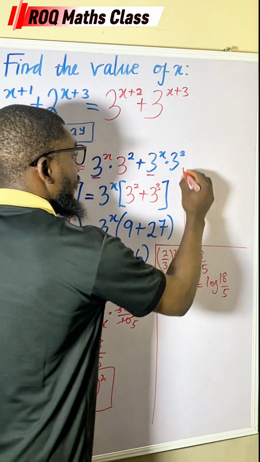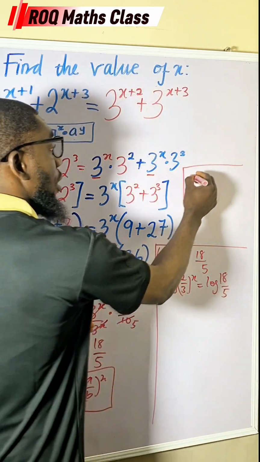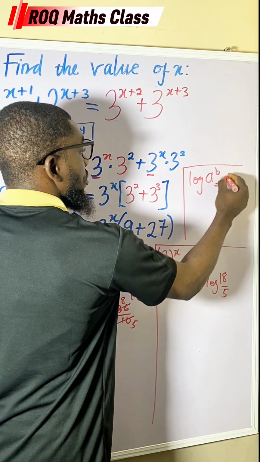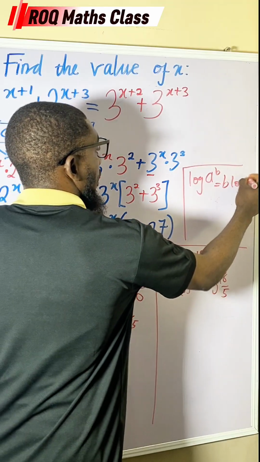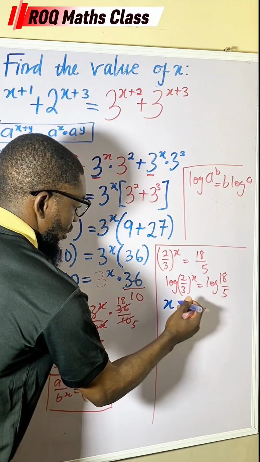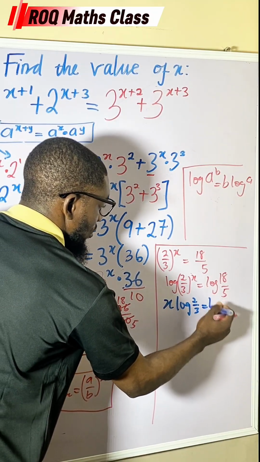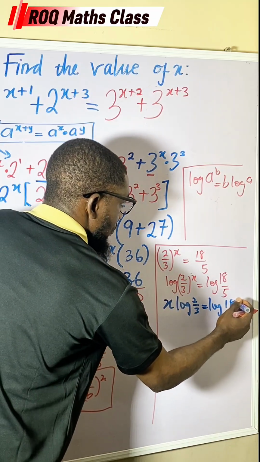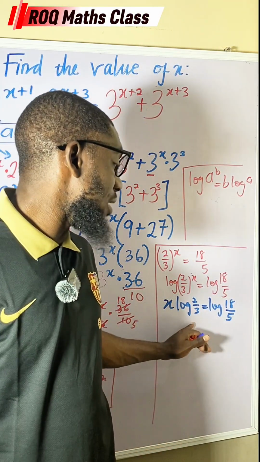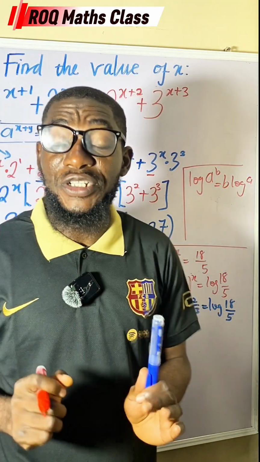You should also recall from the law of logarithm that whenever you have the log of a to the power of b, this is b log a. So this guy is going to come down. I'm going to have x log 2 over 3 equals log 18 over 5. The next thing I'm going to do is divide both sides by log 2 over 3 to make x stand on its own.